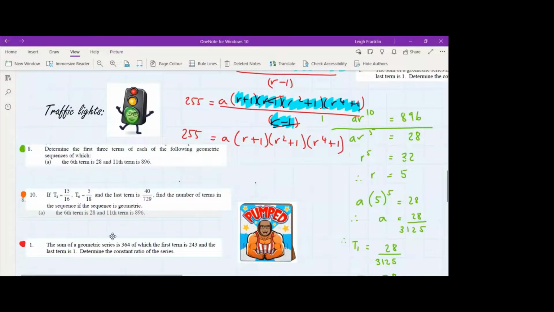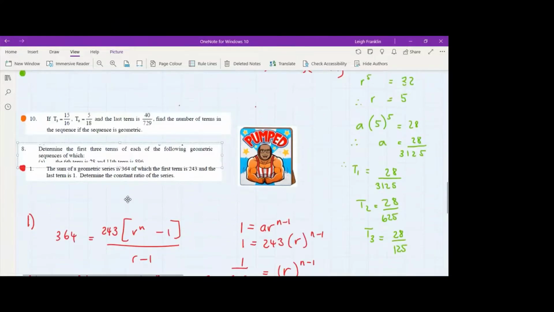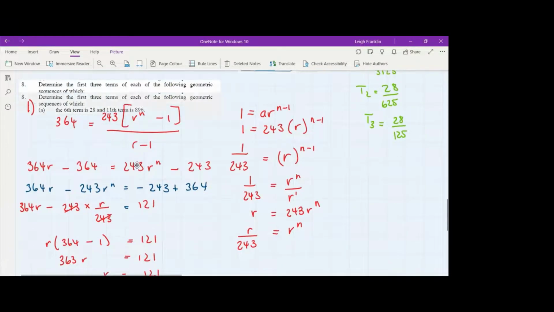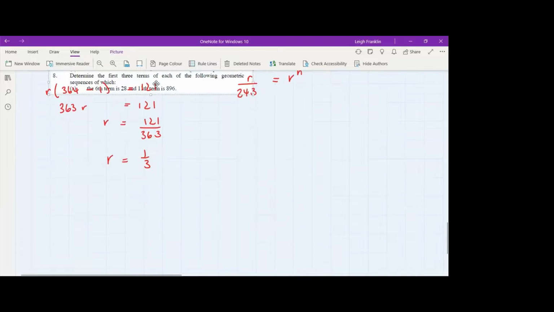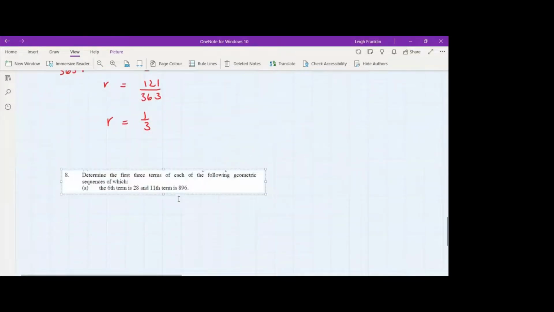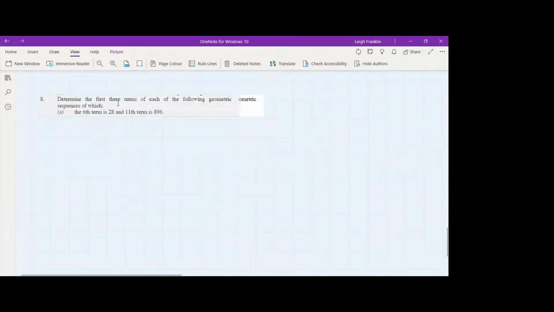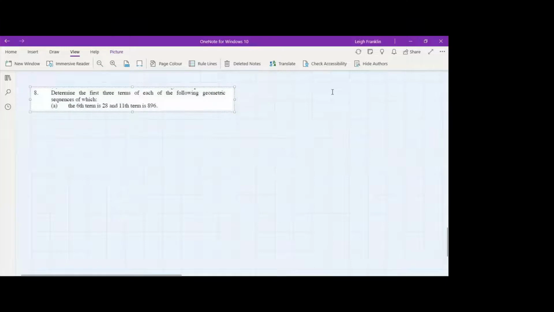Okay, so let's grab question 8 and let's go down here. And let's move all of that stuff up. Okay, there we go. So let's do this together. All right. So it says to us, determine the first 3 terms of each of the following geometric sequences. So in other words, what they want from us is the first 3 terms.